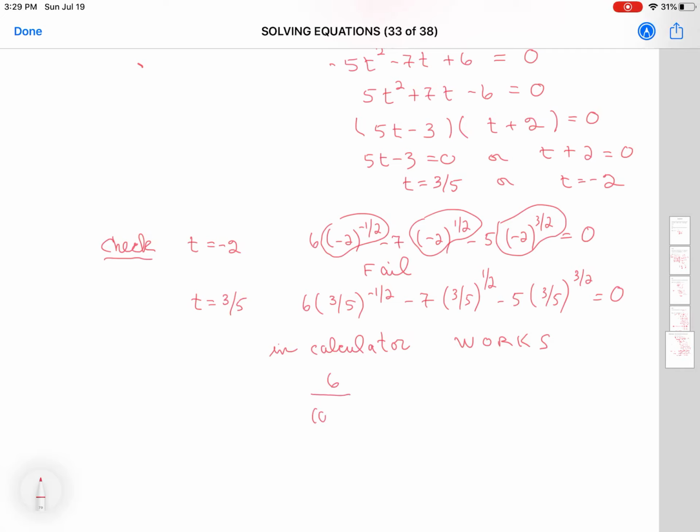By the way, it's actually not that bad, because this is really 6 over 0.6 to the 1 half, which is the same thing as a square root, minus 7 times, here we go again, 0.6 to the 1 half, that's another square root, minus 5 times 0.6 to the 3 over 2, so that's the square root of 0.6 to the power of 3.